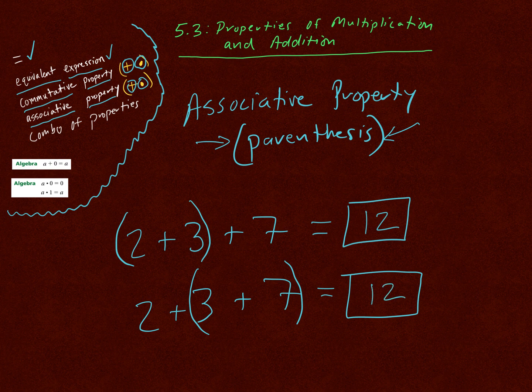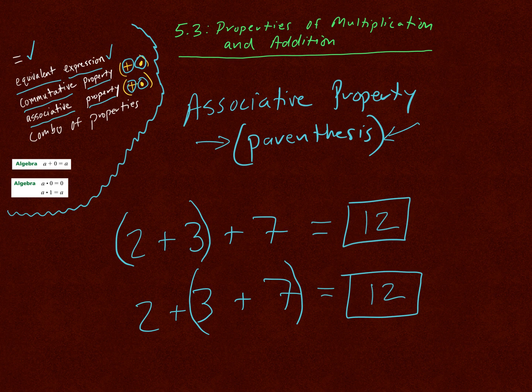So associative property says that when I am adding or multiplying, I can move parentheses around different numbers, and that is okay. That is a property of multiplication that I am allowed to do because it does not change the outcome or the answer to the problem.